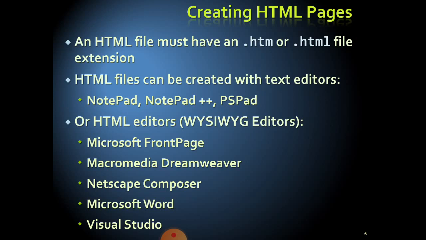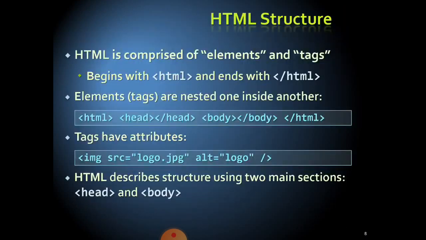These are all HTML editors. If you want to create an HTML file, we can use text editors or HTML editors, anyone, but with the extension .htm or .html. Here we are going to learn the basic structure of HTML and how tags can be implemented in an HTML page.